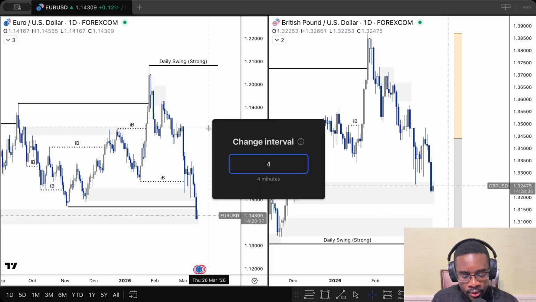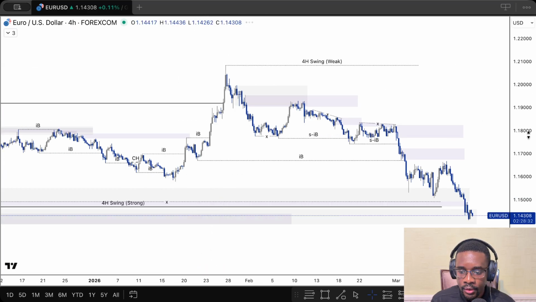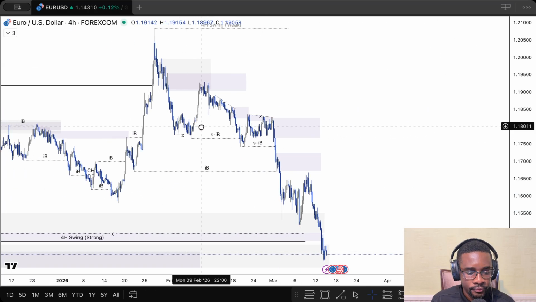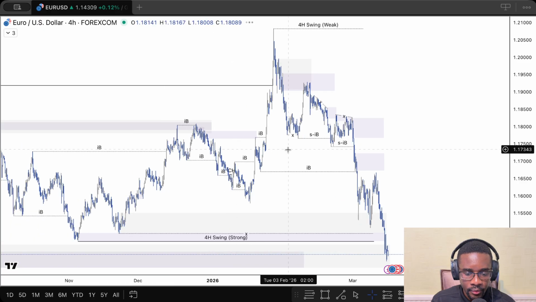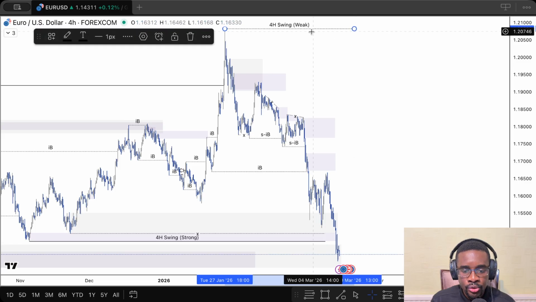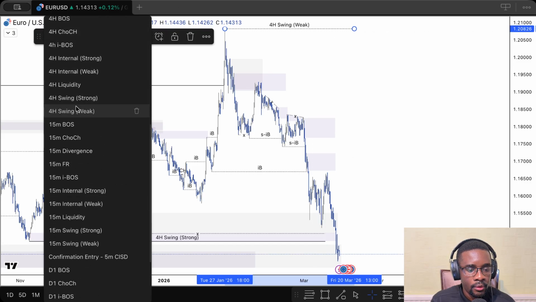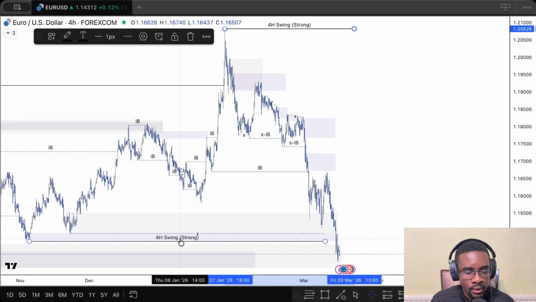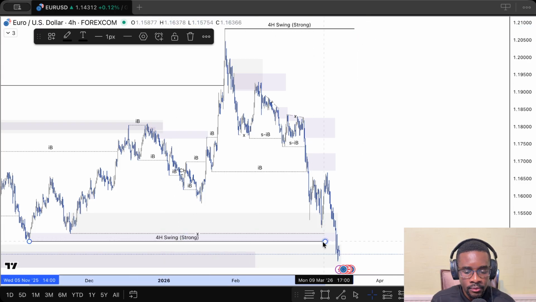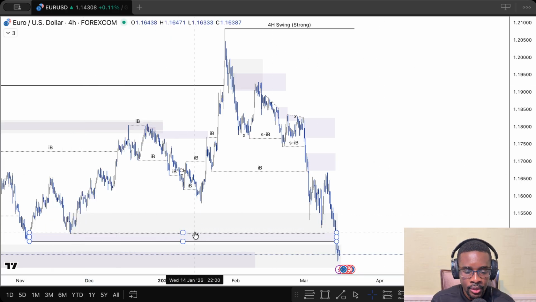So looking at the 4-hour and the Euro USD, this means we now have a new swing high for our swing strong, and right there, that's where we had our swing break of structure, and then we can remove that.